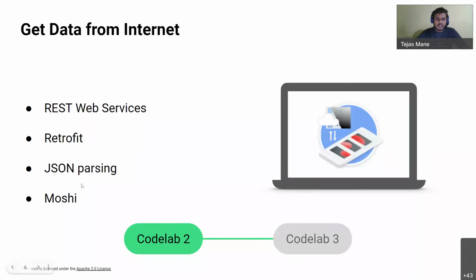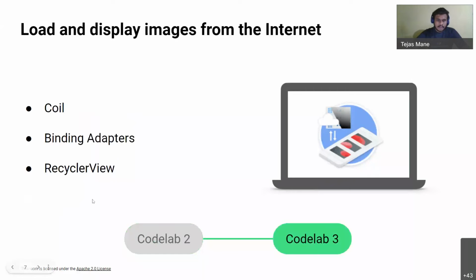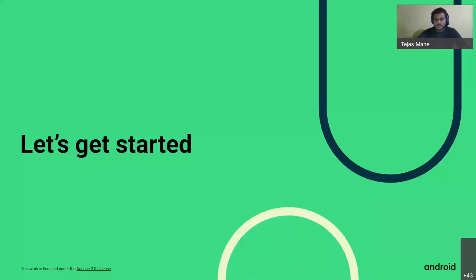And for this, we will use Moshi library. Then there is a library called Coil, which will be used for loading the images we are getting from the internet into the image view. And also a part of data binding, we will use binding adapters to update the UI from code. And lastly, we'll display all these images in the recycler view. So yeah, let's get started.